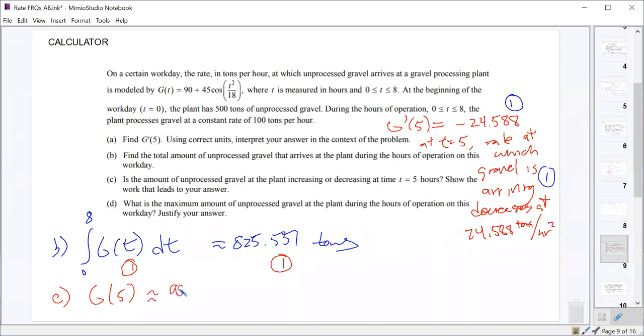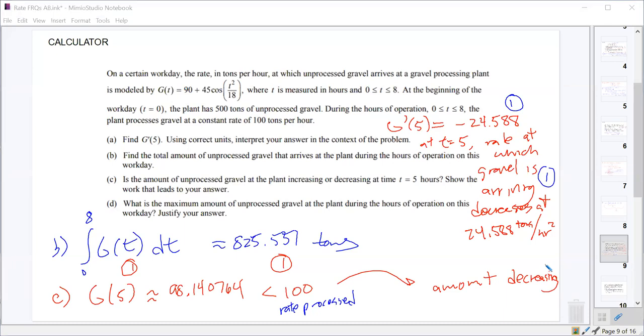which is about 98.140764. You can find that just by plugging in 5 to that and evaluating. We know that that's less than the 100, which is the rate processed. And so if the rate that it's arriving is less than the rate it's being processed, then the amount should be decreasing.